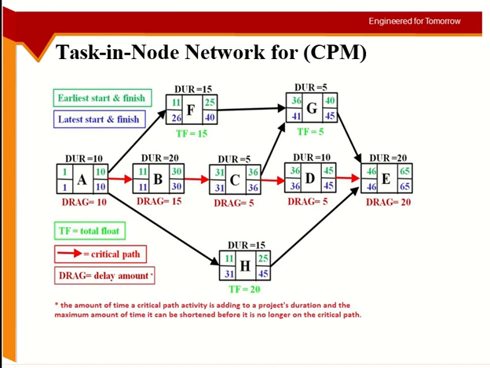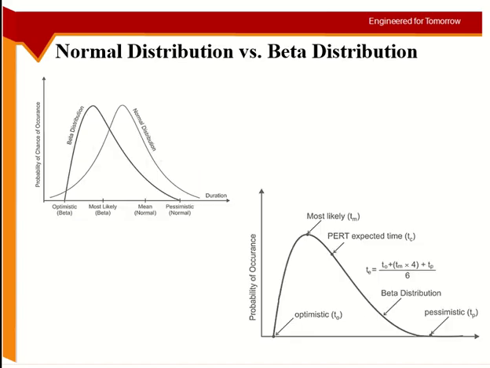In the real world, everything is not fixed. That's why they came up with another technique called PERT, Program Evaluation Review Technique. The difference between PERT and CPM is that PERT assumes multiple durations of the same activity.